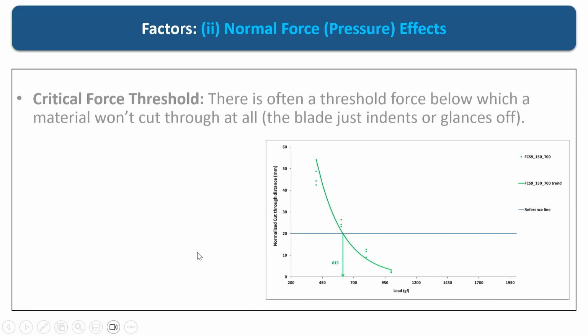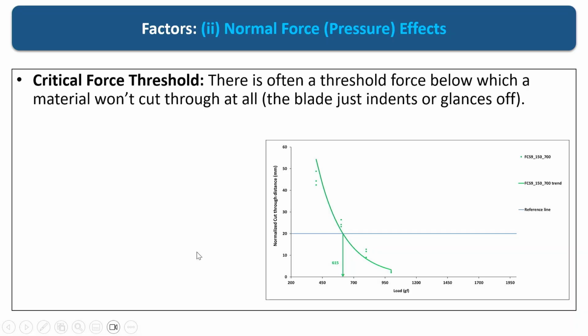Then, the critical force threshold. In the case of normal force, there will be a critical threshold force. There is often a threshold force below which the material will not cut through at all. So, that we must understand. The blade just indents or glances off, there will not be any cut although the blade is moving.